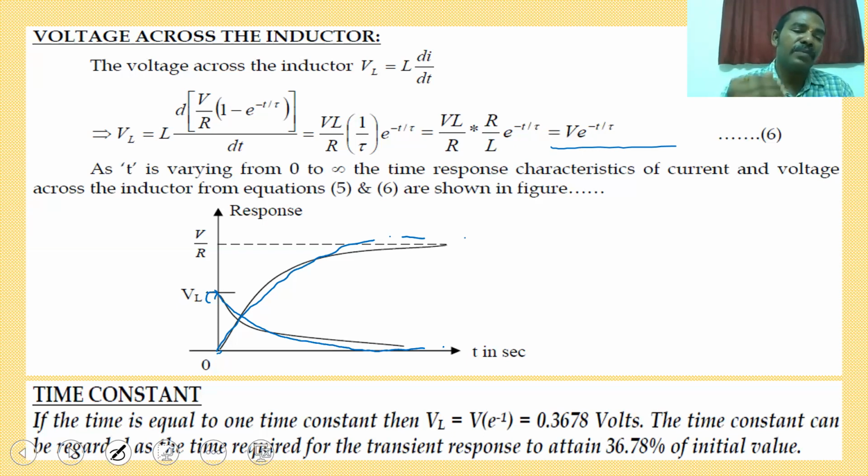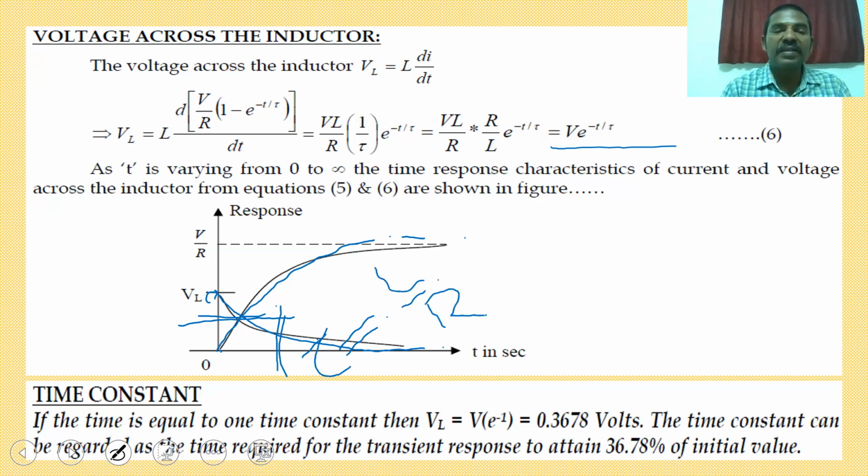So from the value of VL, it reaches 36.78%. Under that condition, this is your tau value. So the tau value is L by R. Do you understand this?